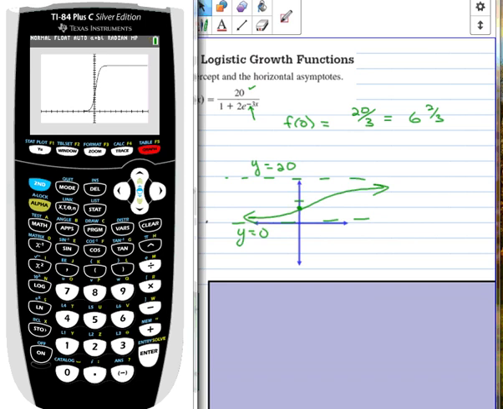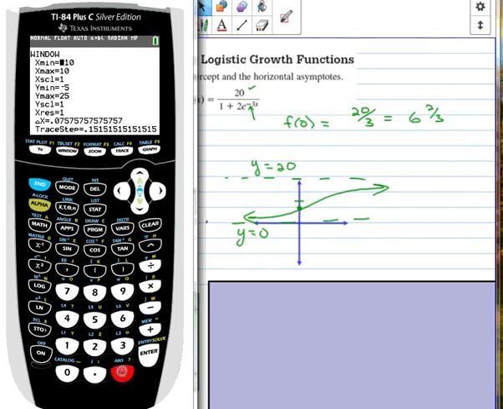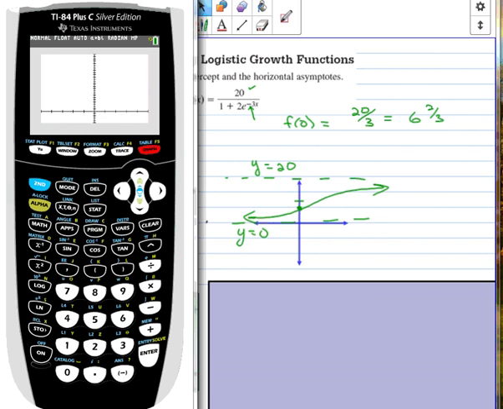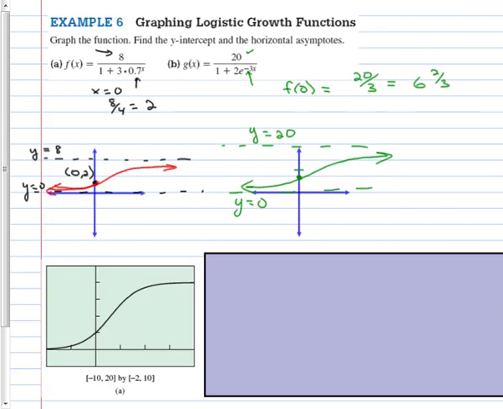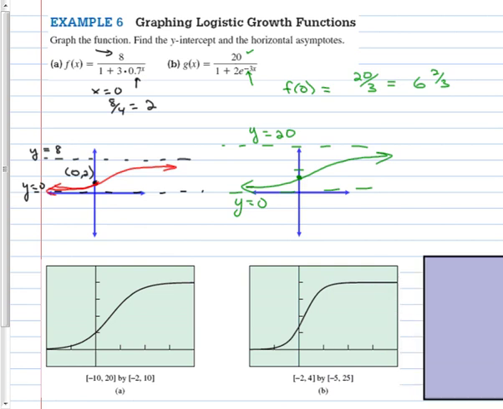There it goes. Now I could shrink up my x scale a little bit. I'm going to change it to negative 5 to 5. That way I can see the details a little bit better. Otherwise it was so squashed together that I could hardly see the curve as it came through. All right. This logistic growth might turn into something handy for us at some point. Oh, there it goes. There's the second one. Mine was not near as steep as it should have been on my curve.